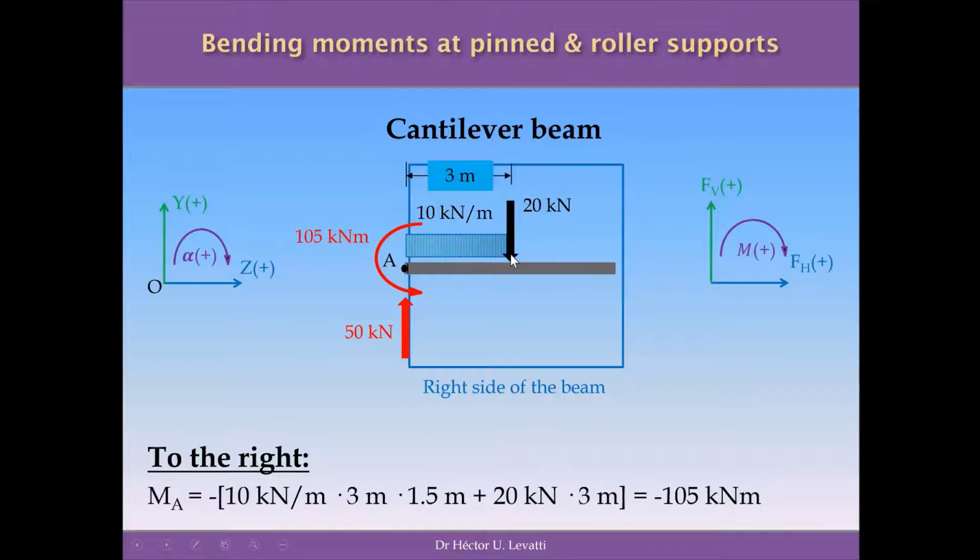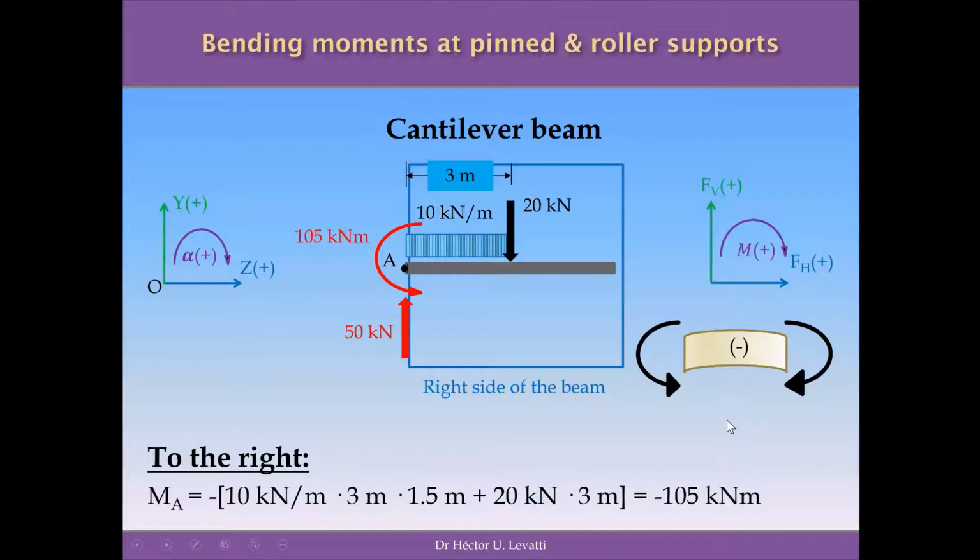The positive moment produced by the 20 kilonewton load is 20 kilonewtons multiplied by 3 meters, which is the perpendicular distance to the cross section A we are analyzing. When we run the calculation of this simple equation, we find that the moment is again the same value, minus 105 kilonewton per meter, which is consistent with our convention and with the definition of moment.